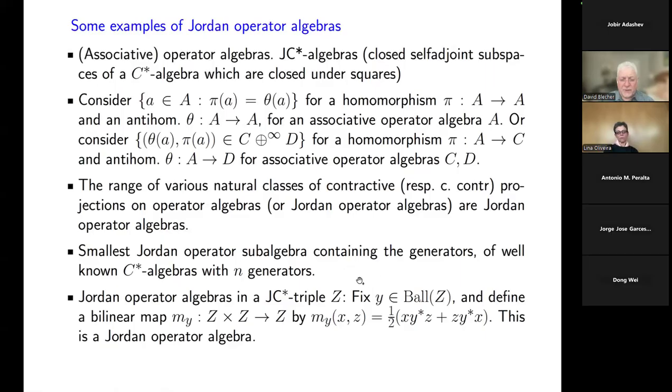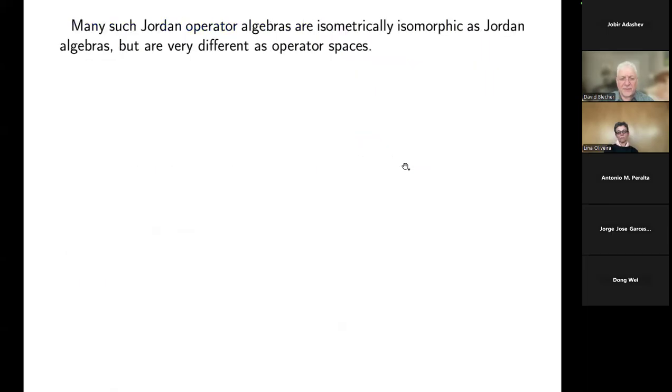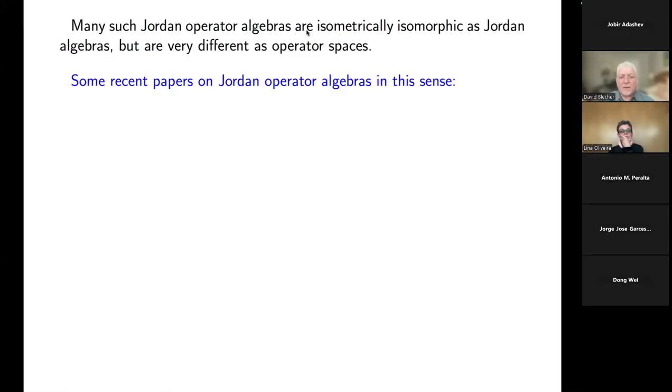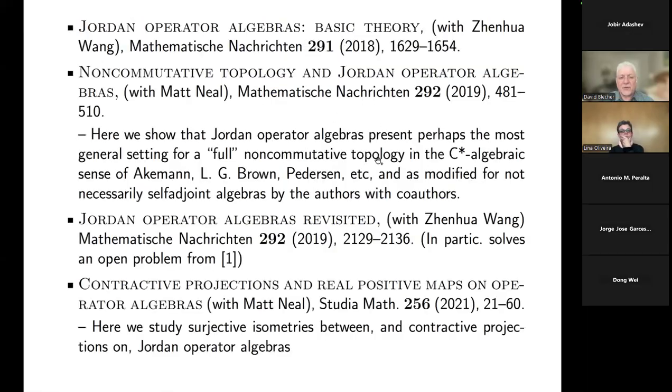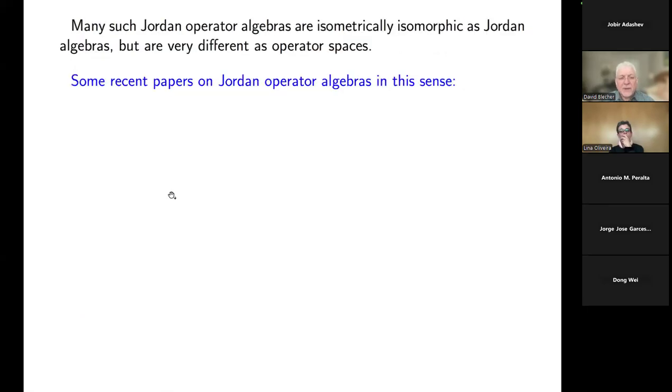Then you can also form Jordan operator algebras in JC star triples by fixing an element of the ball and defining a bilinear map in this way, and that gives a Jordan operator algebra in the sense of the previous slide. Many such Jordan operator algebras are isometrically isomorphic as Jordan algebras, but very different as operator spaces.